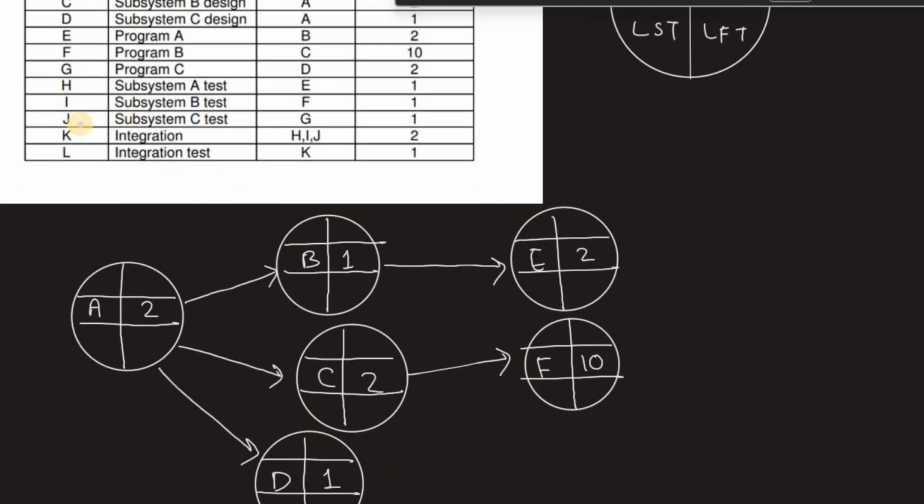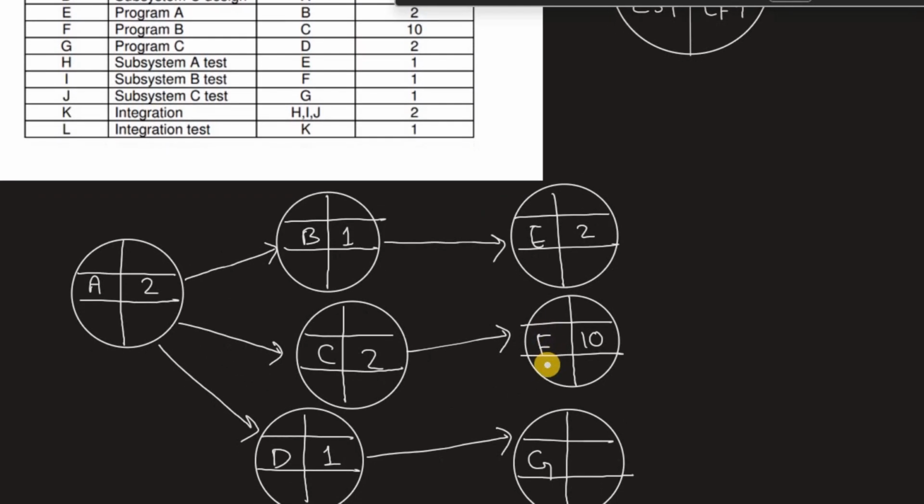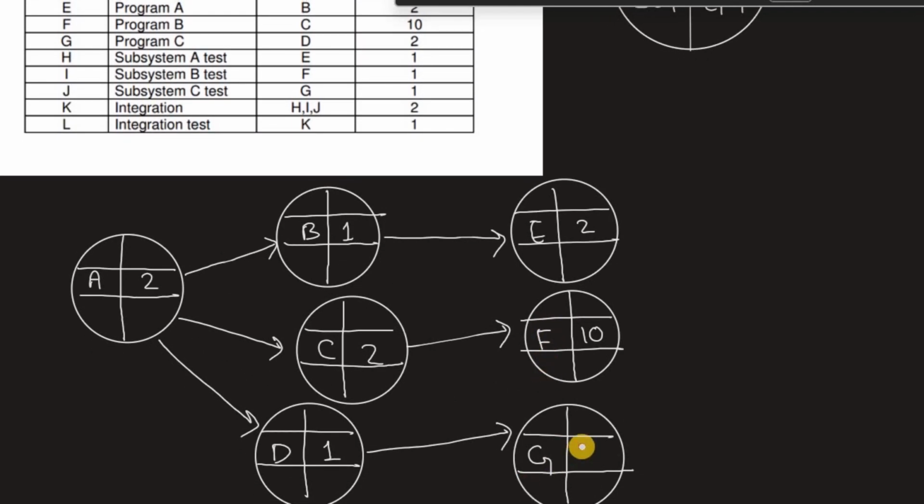And then what about activity G? It's coming after D, and the duration is 2. What do we have next? H, which is dependent on E, with a duration of 1.